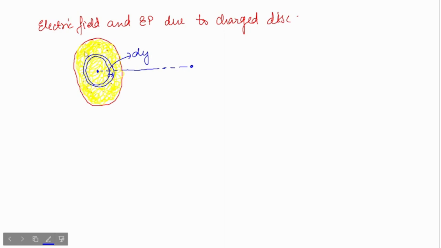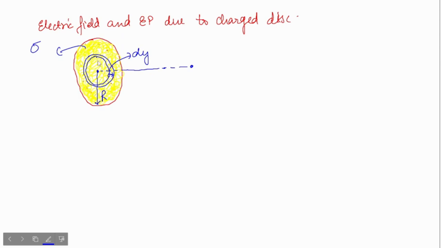In the question, it is given that sigma is the surface charge density of the disk, and its radius is r.